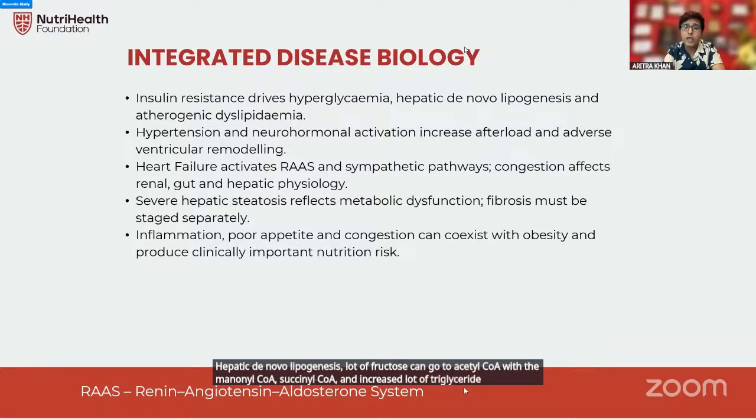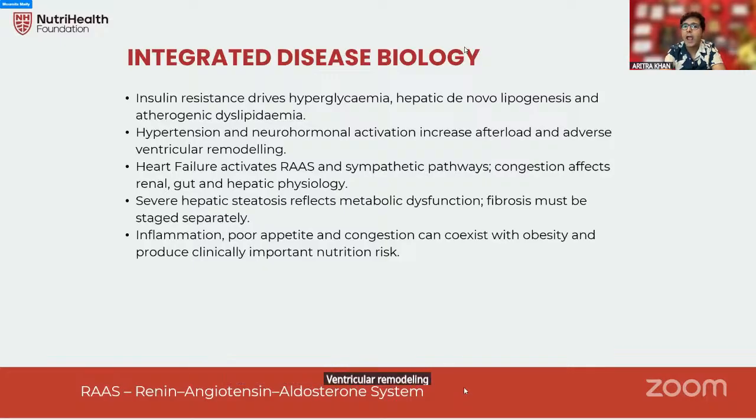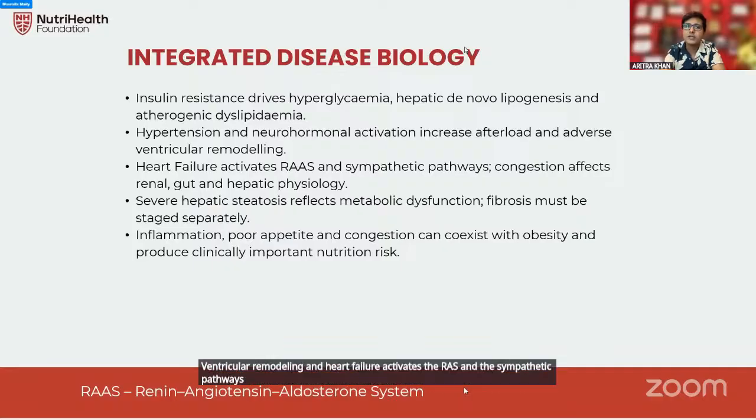But the biochemistry we have seen, the present patient is suffering from high triglyceride level and atherogenic dyslipidemia due to higher LDL level, and hypertension. About the neurohormonal activation: increased afterload and adverse ventricular remodeling, and heart failure activates the RAS and the sympathetic pathways, where congestion affects renal, gut, and hepatic physiology.